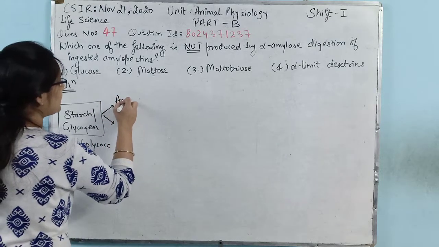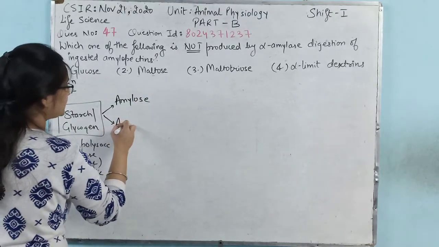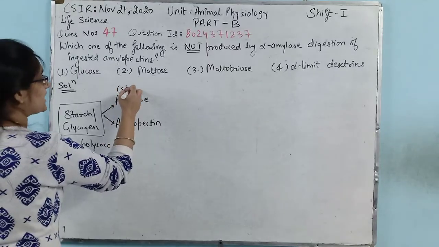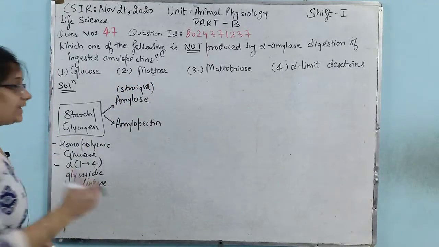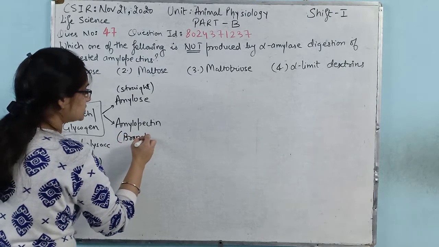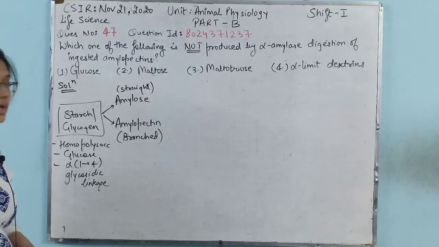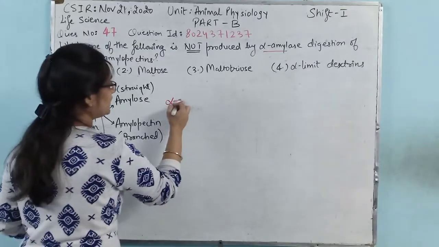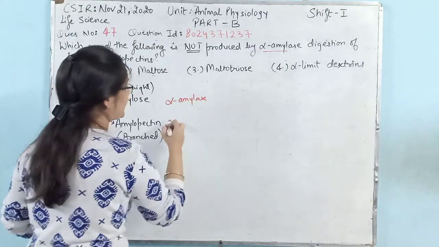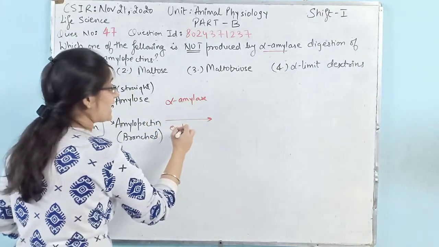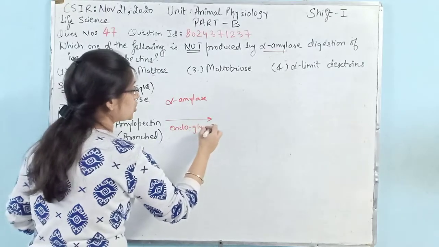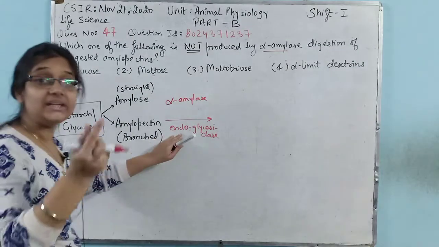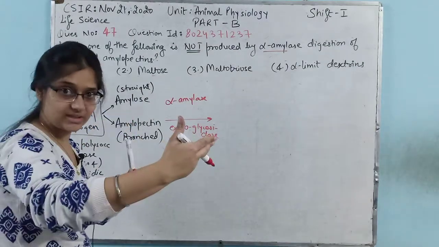Starch and glycogen comprise two units. One is amylose and the other is amylopectin. The amylose is the straight chain part, while the branched part is known as amylopectin. If the enzyme alpha amylase acts on this, the enzyme alpha amylase is basically an endoglycosidase, which acts upon the glycosidic bond internally, not on the terminal glycosidic bonds.